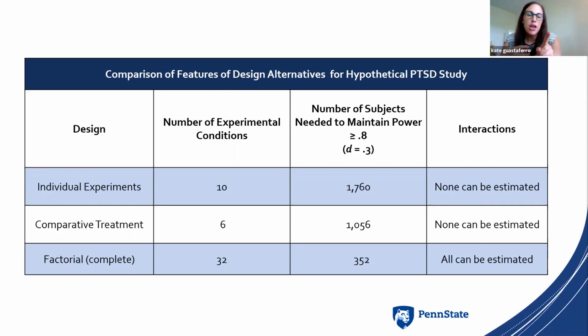Now, 352 subjects divided evenly across our 32 experimental conditions ends up with, I think, 11 per condition. So a small n per condition, fully powered to detect main effects, as well as all of the interactions between the components. I think this is super cool, if you couldn't tell.